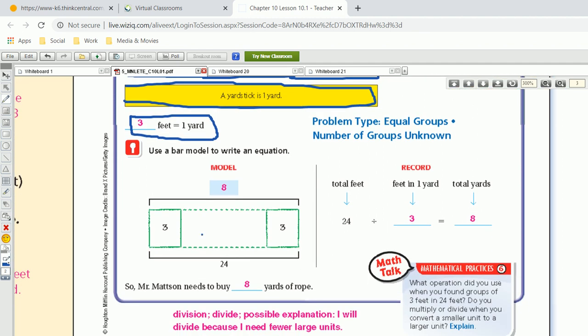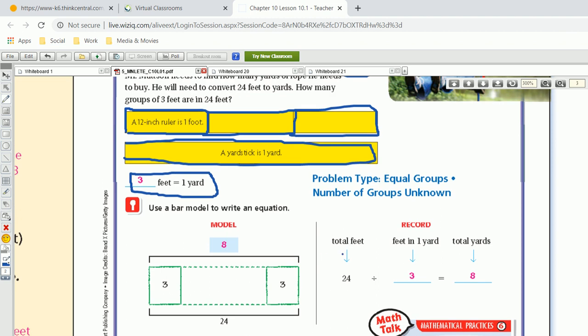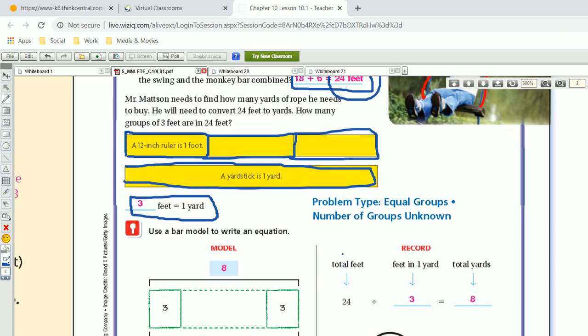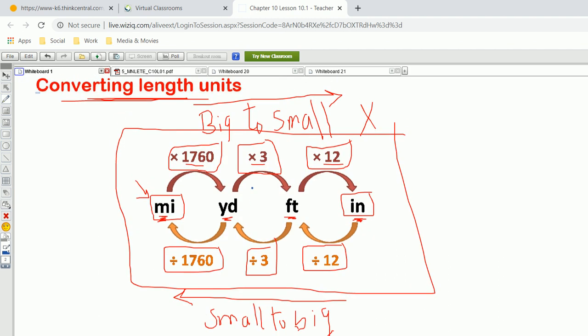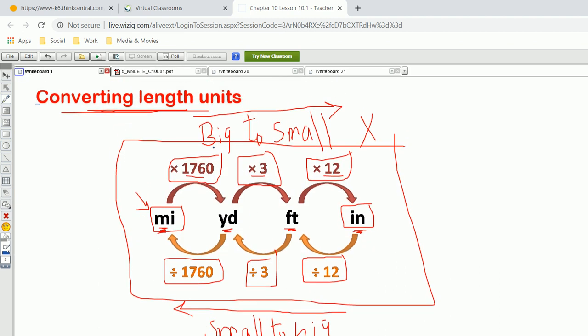If you want to get the total, as we studied before in this rule, if you want to convert from big to small, you multiply. If you want to convert from small to big, you divide.